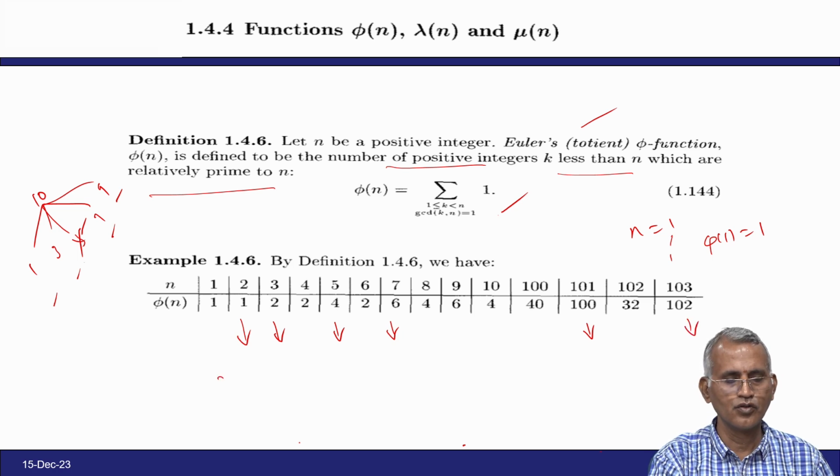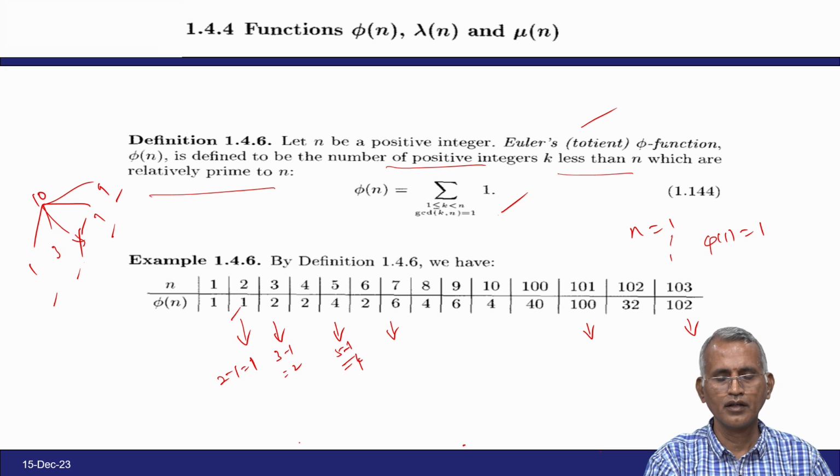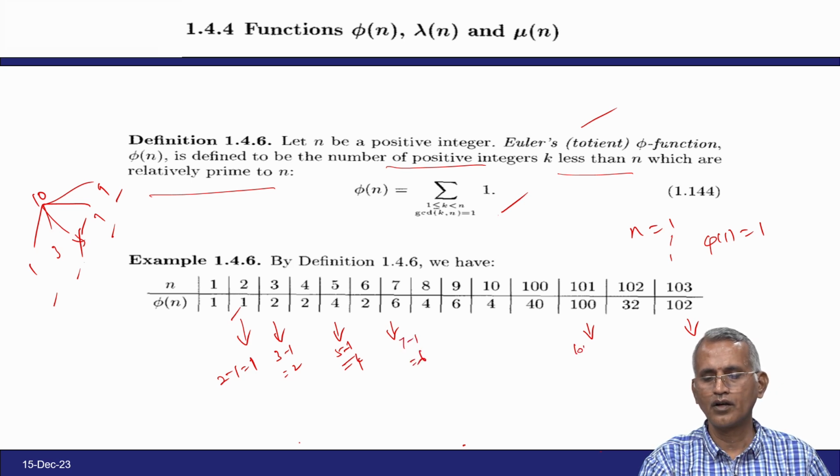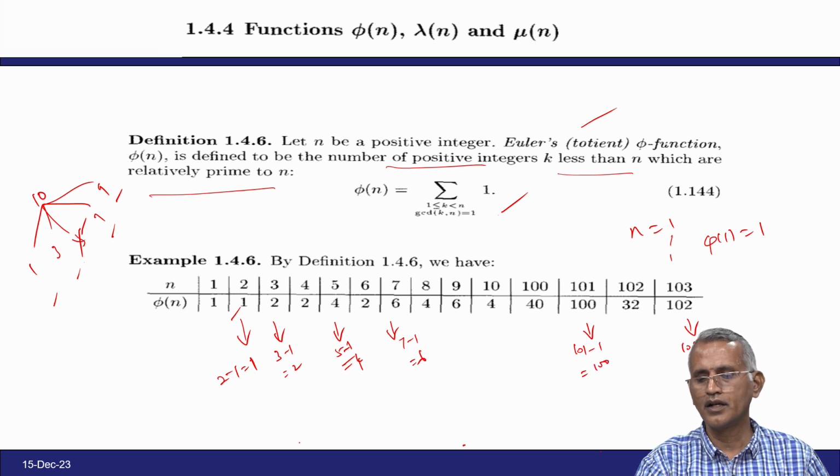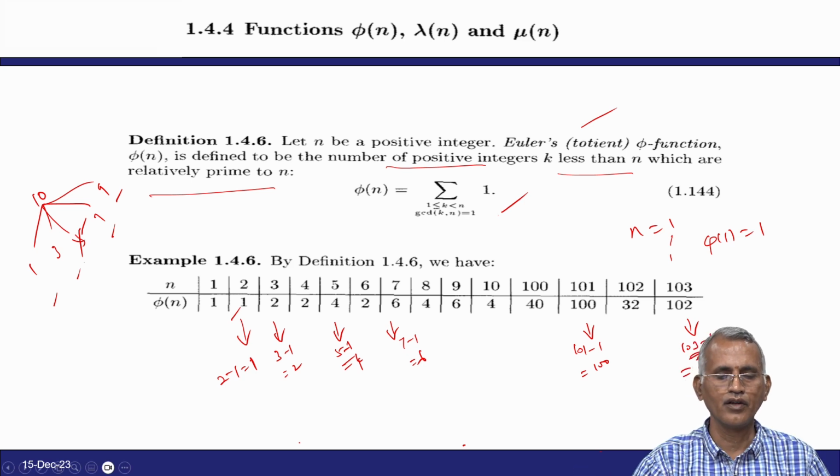So 2 minus 1 equals 1, 3 minus 1 equals 2, 5 minus 1 equals 4, 7 minus 1 equals 6, 101 minus 1 equals 100, 103 minus 1 equals 102. Like that we can write phi of n.